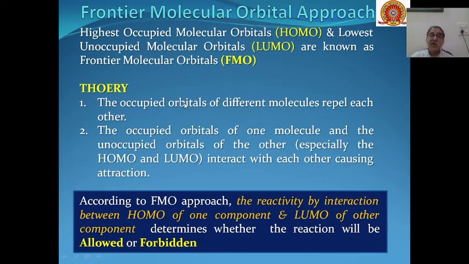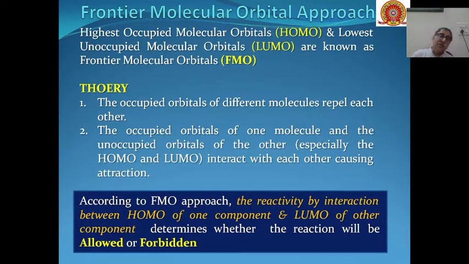Then another is frontier molecular orbital approach to explain Diels-Alder reaction. And here we consider the highest occupied molecular orbitals and lowest unoccupied molecular orbitals. And these orbitals, HOMO and LUMO, they are known as frontier molecular orbitals. And this approach therefore is known as frontier molecular orbital approach for Diels-Alder reaction.